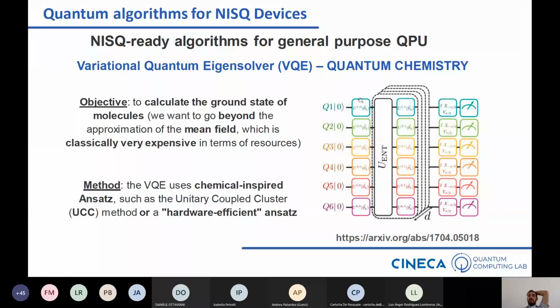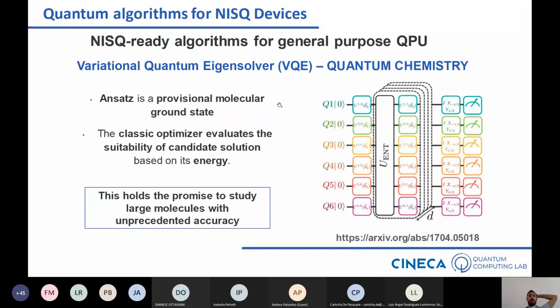You have rotating gates, so single qubit rotating gates, and entangling gates, and this layer here is repeated d times, and then they perform the last operation and the measurement, with the aim of getting closer and closer to the correct ground state of the problem for the molecule.